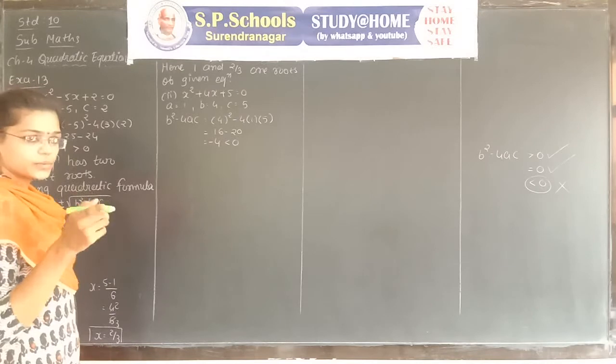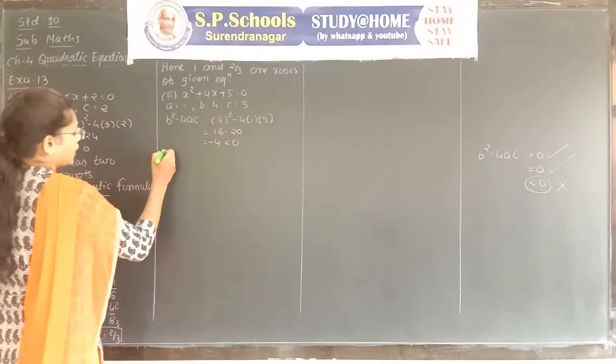Here the value of the discriminant is less than 0, so the real roots do not exist.